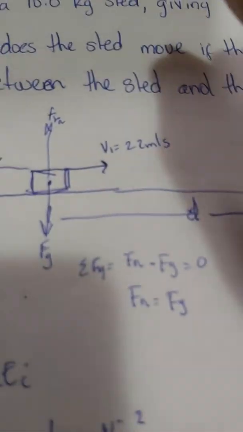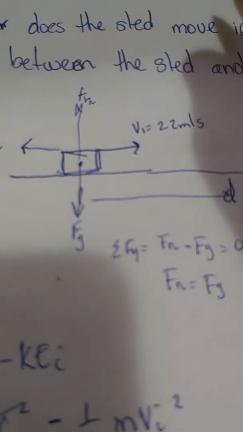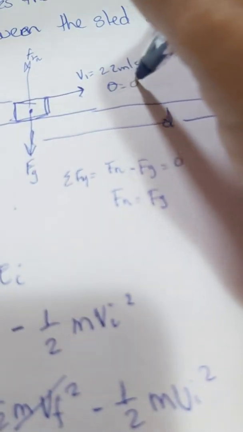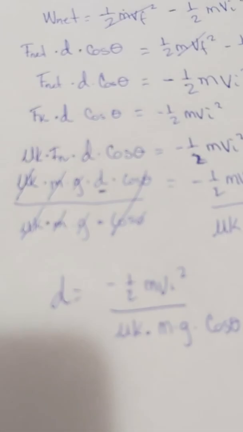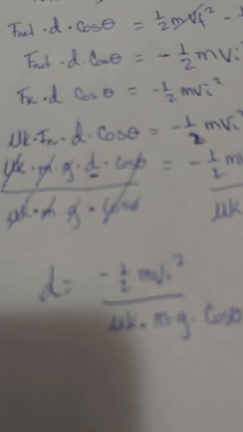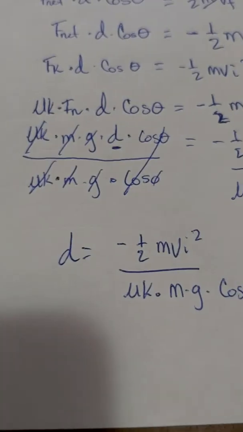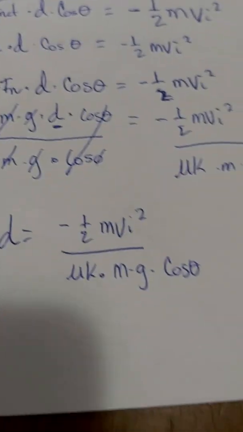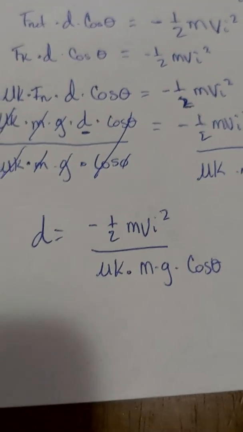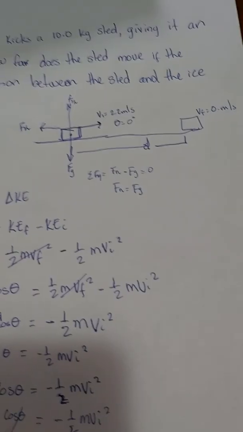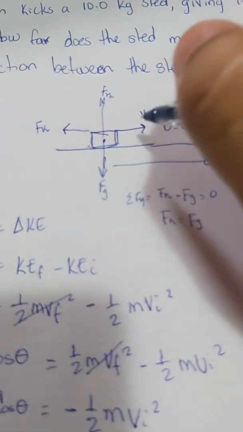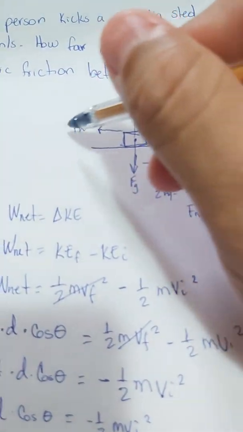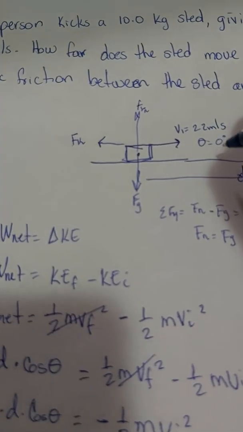Now theta in this case, since it's going to the right, theta equals 0 degrees. Sorry, the direction of the kinetic friction, since we're using the net force, is 180 degrees.